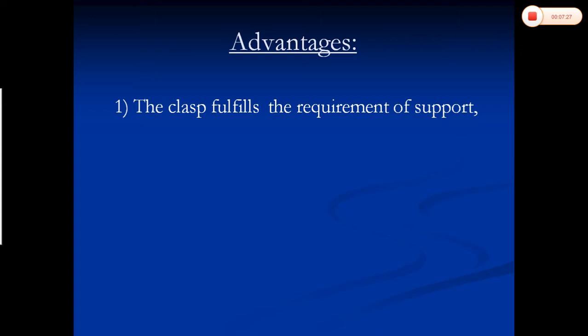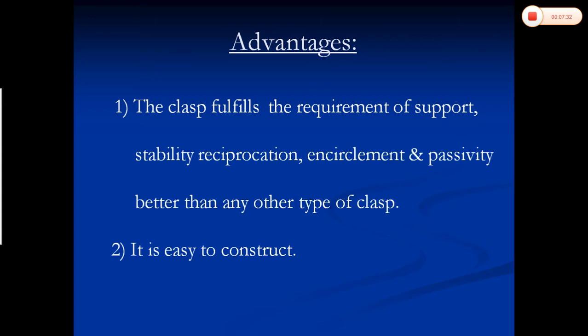So advantages: the clasp fulfills the requirements of support, stability, reciprocation, encirclement, and passivity better than any other type of clasp, and it is very easy to construct. So it is simple to construct, and it is also simple to repair. This is the main advantage of the circlet clasp or C clasp.